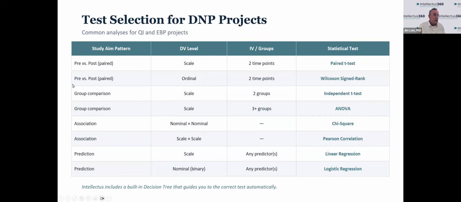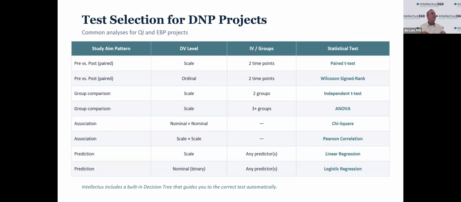If you have truly paired pre-post and it's really ordinal, like one item that's 3 or 4 point, you're in Wilcoxon signed rank. The Wilcoxon is also the test when the paired t-test assumptions are not met, namely normality, that's the only primary statistical assumption there. You're going to do a Wilcoxon.